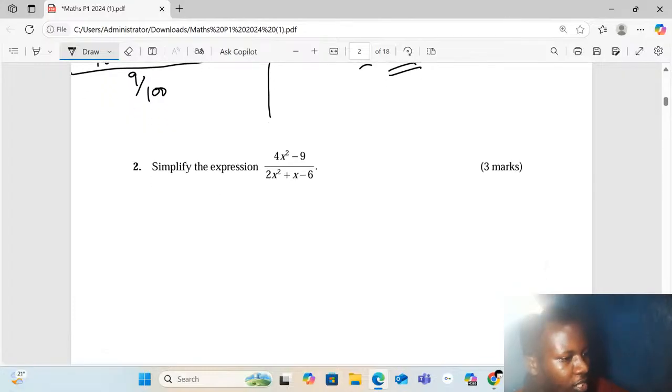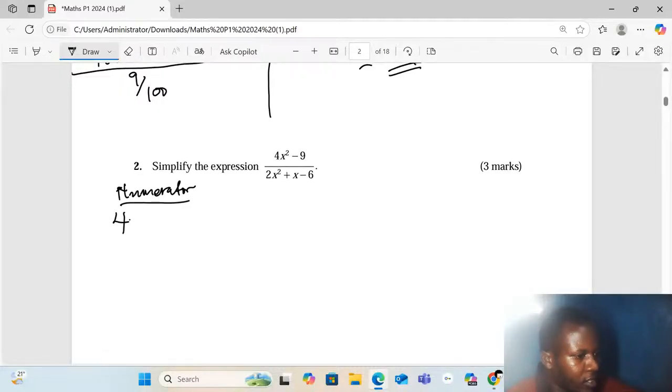We can approach it this way. We start with the numerator, which is 4x squared minus 9.